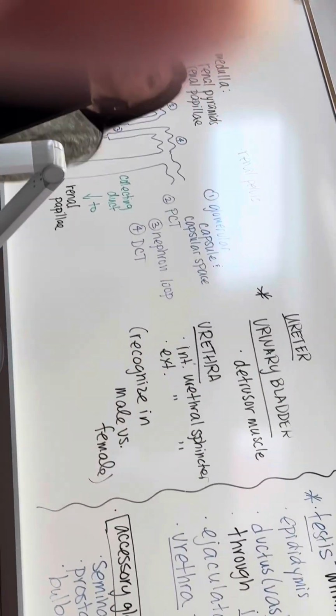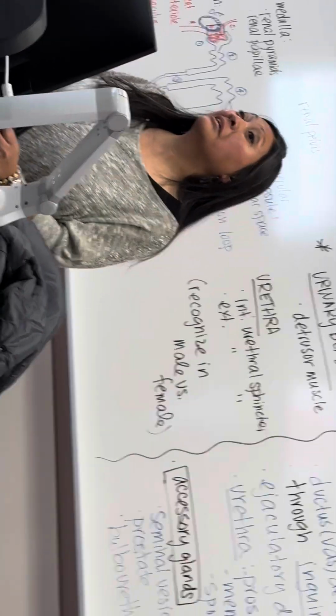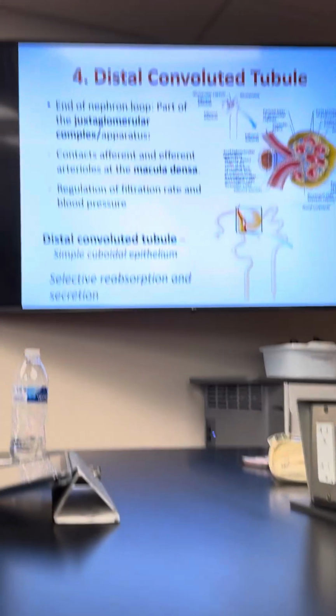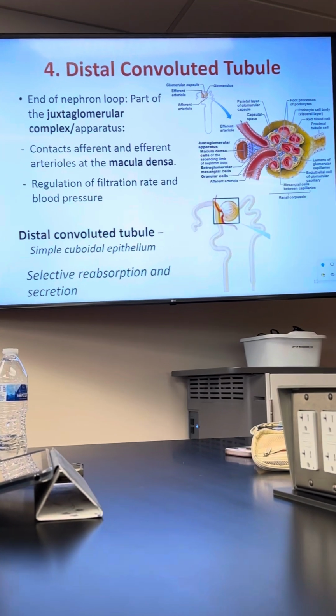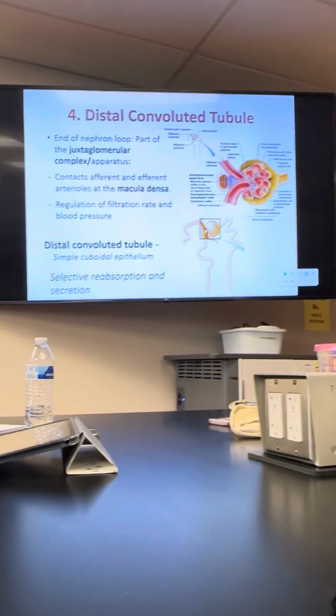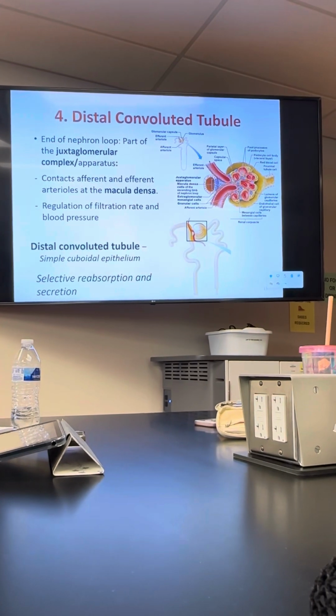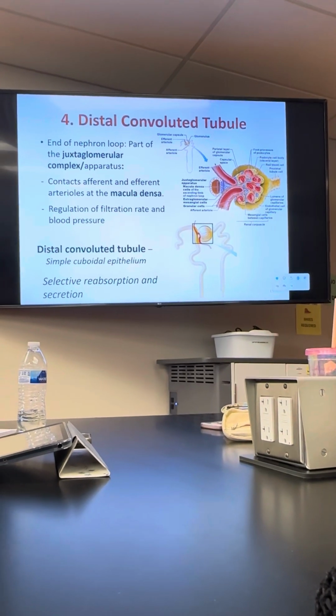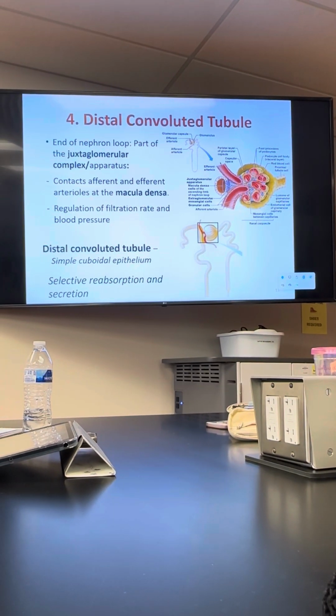If the fluid is flowing too quickly through the distal convoluted tubule, it needs a way to communicate with the renal corpuscle at the beginning to say, hey, can you slow down? If the fluid is flowing too slowly, there has to be a way to tell this part, can you please speed up?